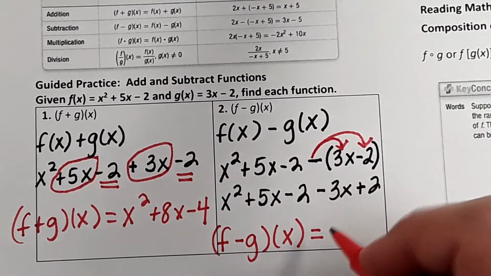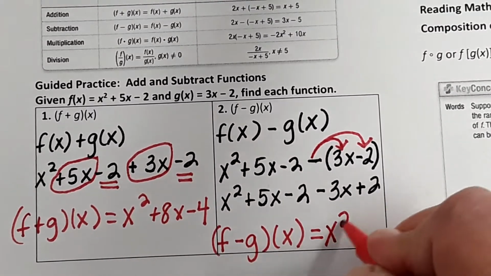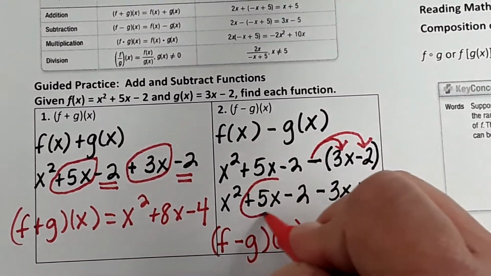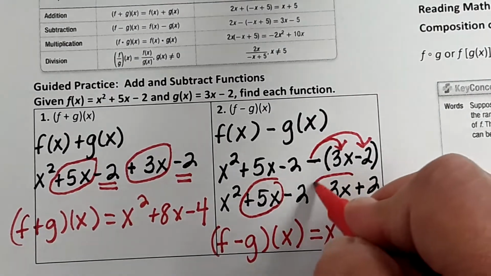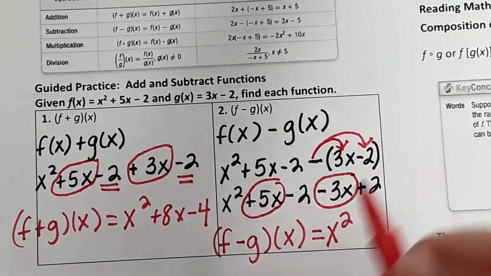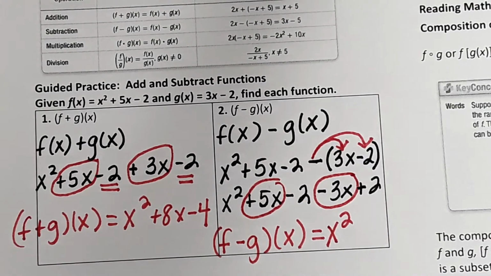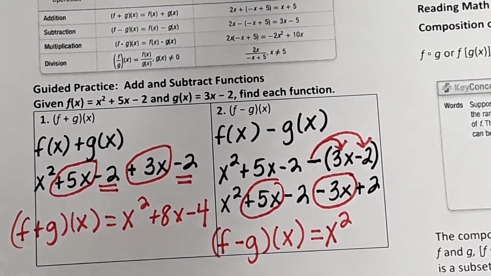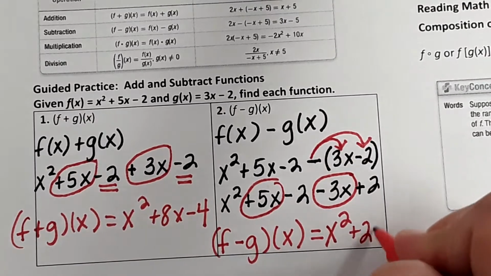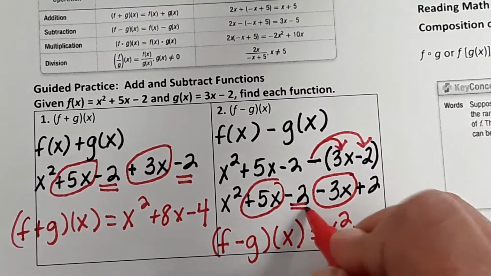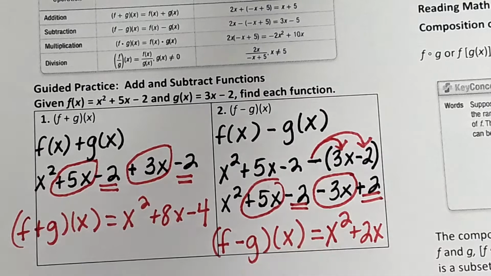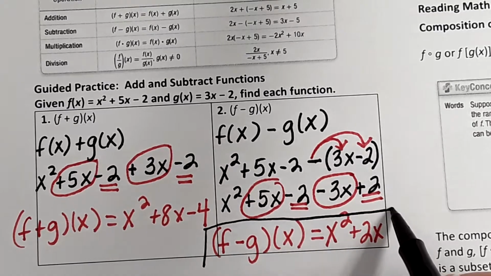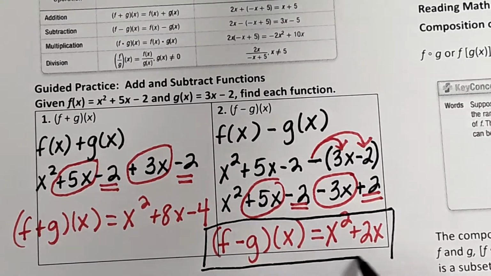The x squared stays. I have 5x and I have -3x. What is 5x minus 3x? It is 2x. And then I have -2 plus 2, which is 0. So this is my answer.